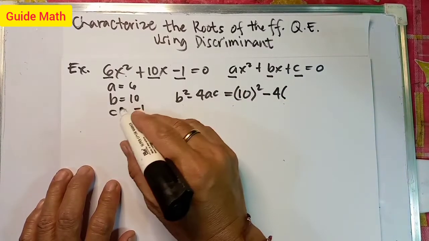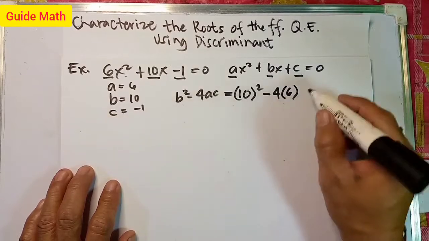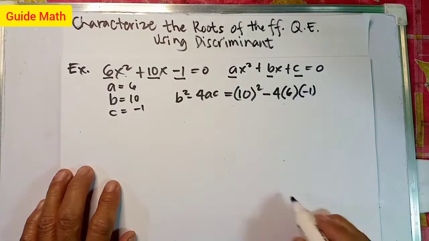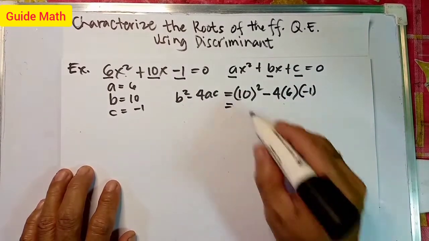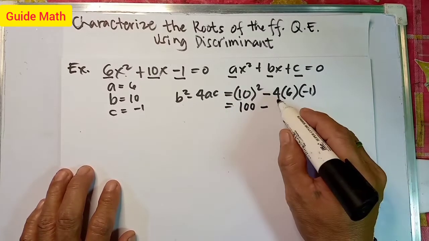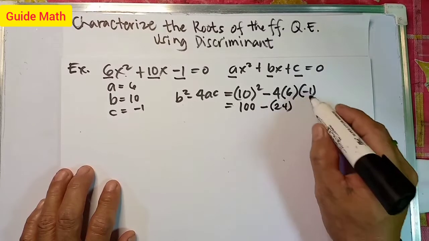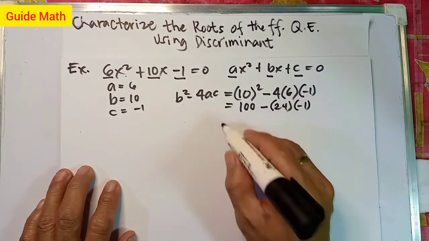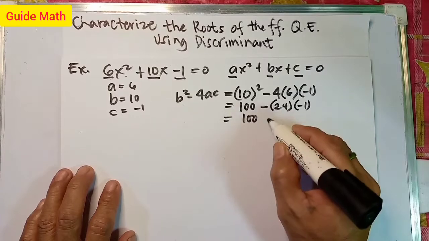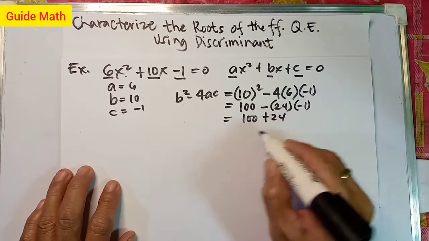Then the value of our a is 6, and the value of our c is negative 1. Then 10 times 10 is equal to 100, minus negative 4 times 6, that is negative 24. Then we have negative 1, so 100, negative 24 times negative 1, that is positive 24.